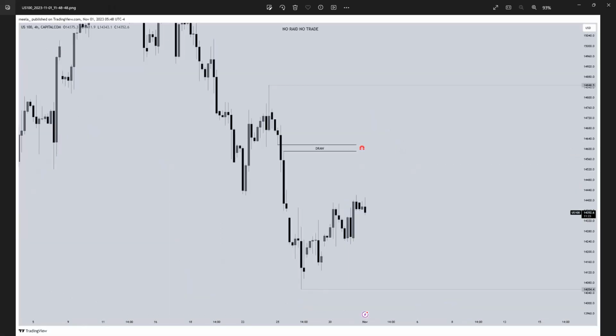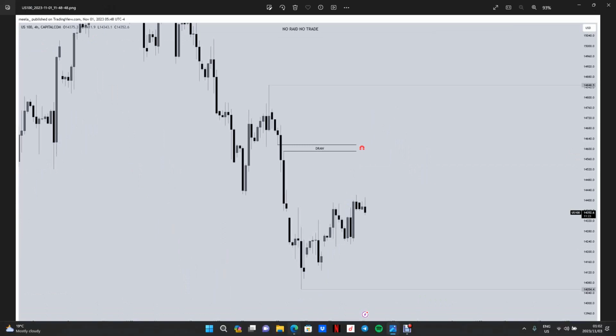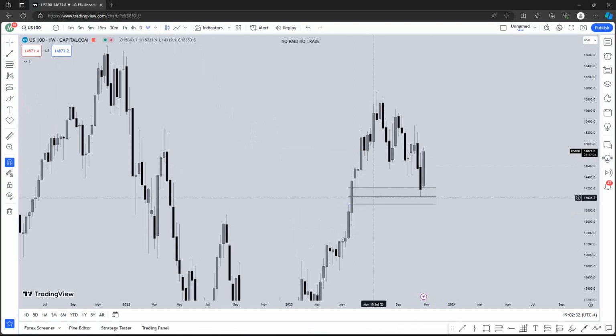So just keep that reference point in mind. I will draw that again, but keep in mind that the bias was towards the upside, being this fair value gap, using that as a reference point.